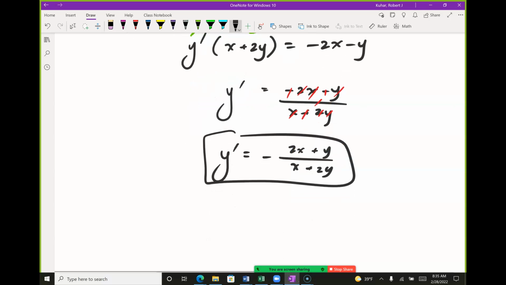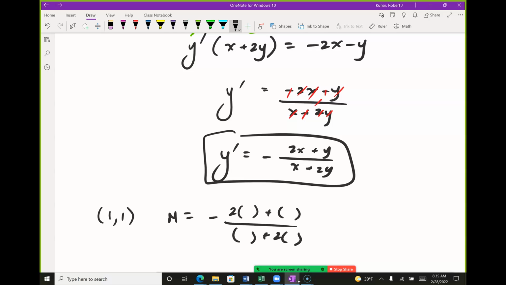And so there's our derivative. So we've got our point 1 comma 1, right? Our slope is going to come from negative 2 times 1 plus 1 over 1 plus 2 times 1, right? I'm plugging in the 1 for every x and y. So it looks like I get negative 3 over 3, which is negative 1.